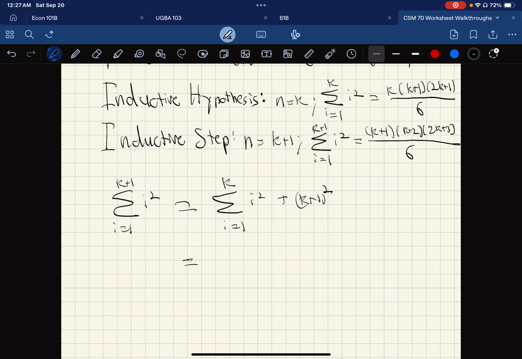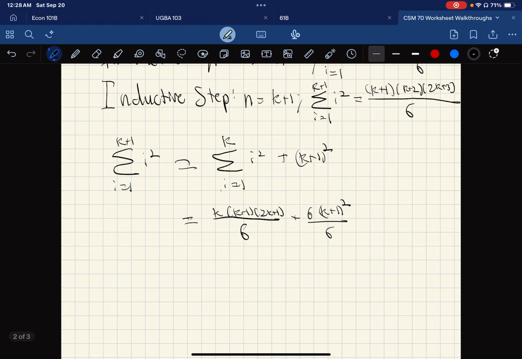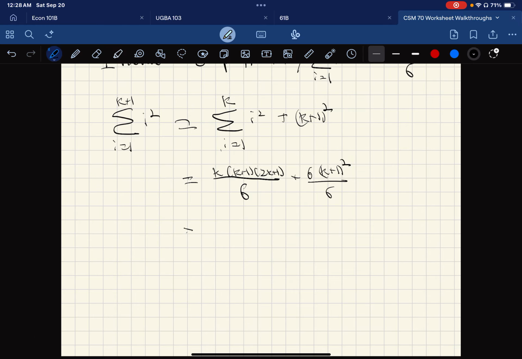From our inductive hypothesis, we can fill this in with k times k plus 1 times 2k plus 1 all over 6. We have k plus 1 squared, which we're going to want to add in, and we can do that by giving it a common denominator. Then we add it in.